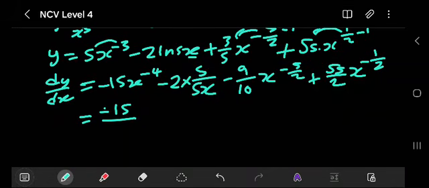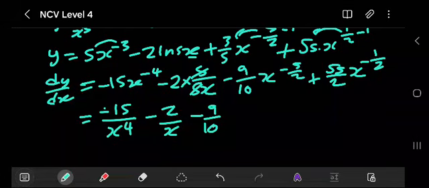You want positive exponents, you will have minus 15 over x raised to the power 4. Take this to the side, it will be positive, then this and this will cancel, will be minus 2 over x, then here we have negative 9 over 10. It's one and the same thing. Then we must write this with a positive exponent.